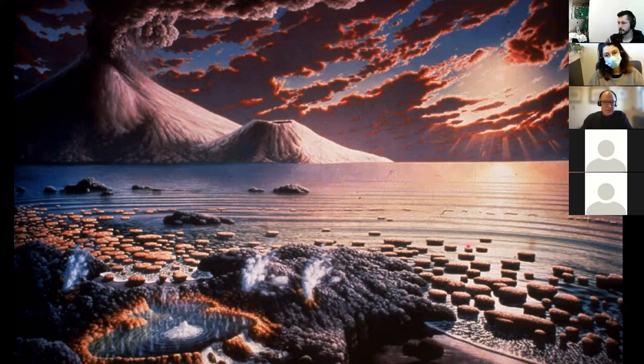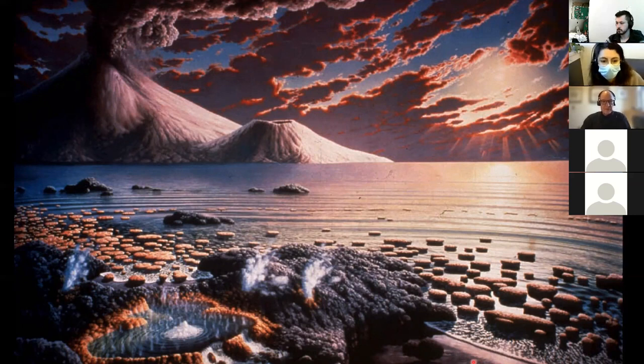You see the volcanoes, a dimmer sun, lots of CO2 in a very dense atmosphere, and these structures at the border of this Archean ocean. You see some tidal pools that may be boiling, there may be silicates there, and these carbonate structures, which is what the artist thought were the earliest stromatolites.